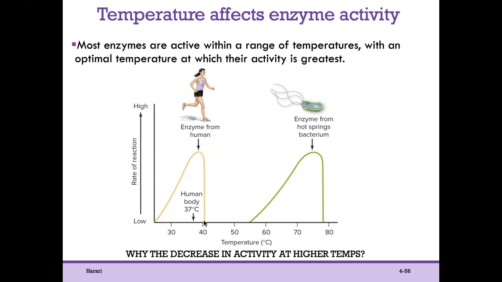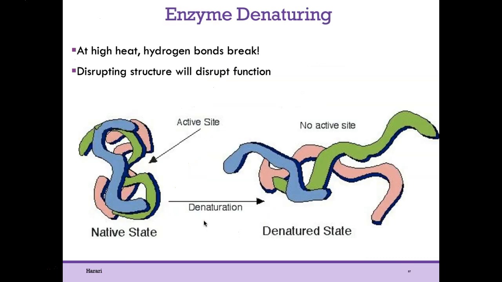And if the protein doesn't have a structure, it can't have a function. So that's why at high heat, enzymes are non-functional because of denaturing. At high heat, hydrogen bonds will break. So you can't have an intact active site at high heat, because you require all these bonds to be just perfect in order for there to be the right active site. It has to be just the right puzzle piece. So if you increase the heat too much, you're not going to have the same puzzle piece shape.